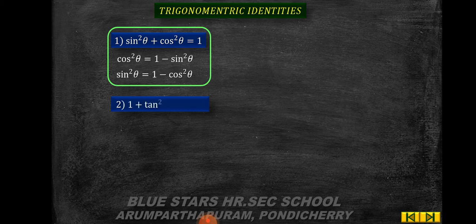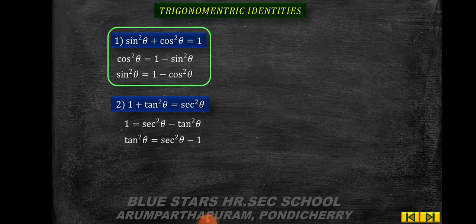From this one identity we can write the cos square theta value as well as the sin square theta value. The second one: 1 plus tan square theta is equal to secant square theta. So we can write 1 is equal to secant square theta minus tan square theta, and tan square theta is equal to secant square theta minus 1.